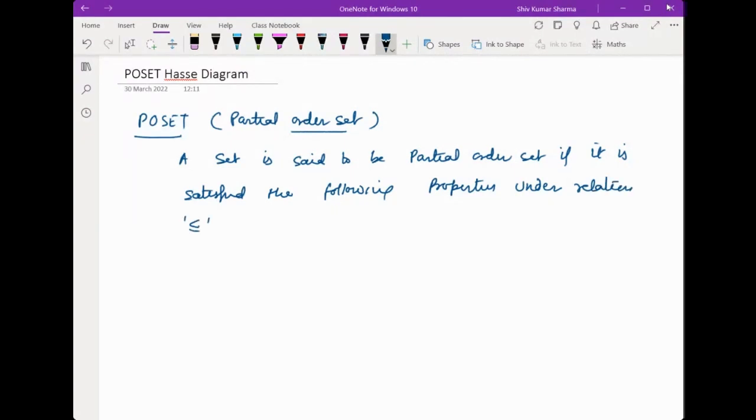Here we symbolize the relation as less than or equal to. So first, it must satisfy reflexivity.